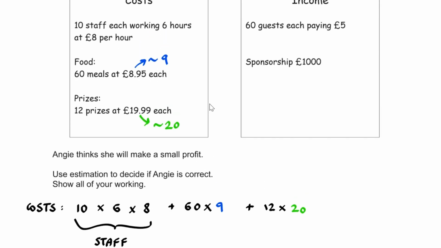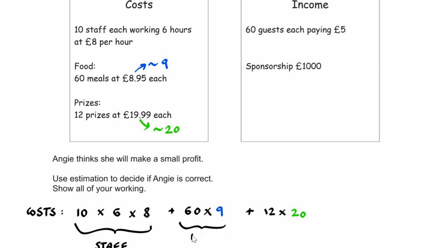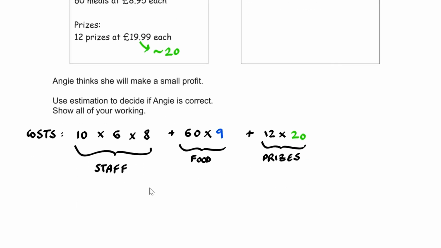So let's just confirm. Here we've got the food, and here we've got the prizes. So if we work this out, we have 480 plus 540 plus 240.